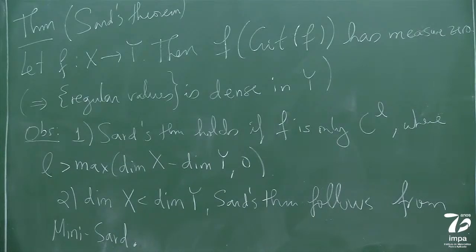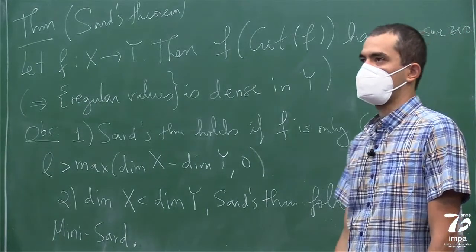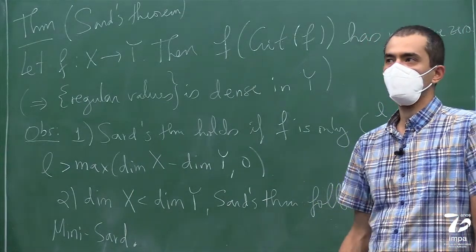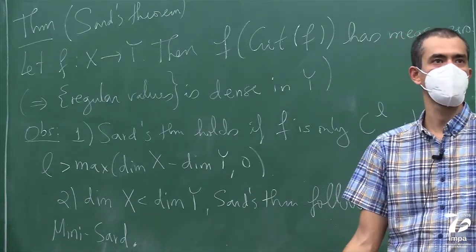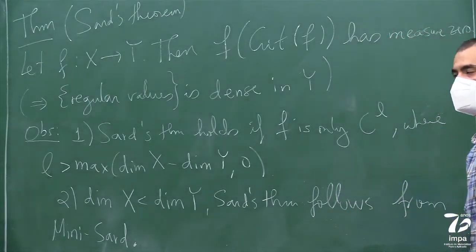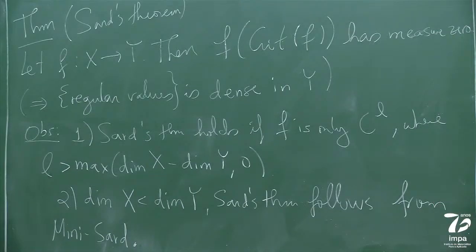And we showed that the image of F has measure 0. So to be a critical point, you have to be in the image. Okay, so that's why it follows from mini Sard.